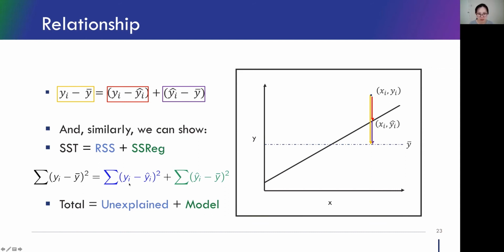RSS is this squared and then summed, and correspondingly this is for SS reg. This gives us a decomposition of the total: one part is unexplained by the regression model, and the other part is what the regression model explained.